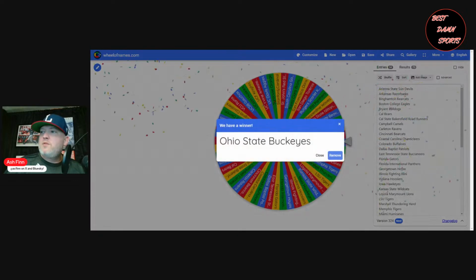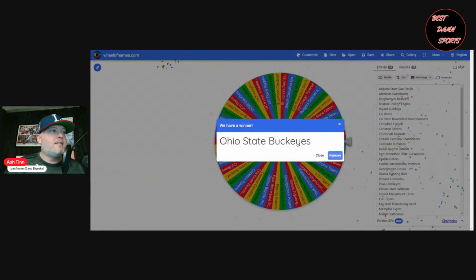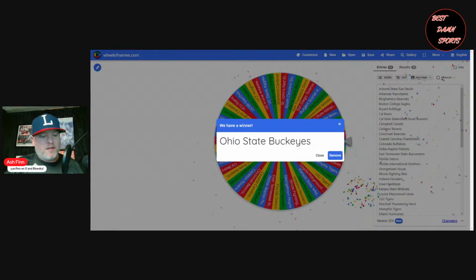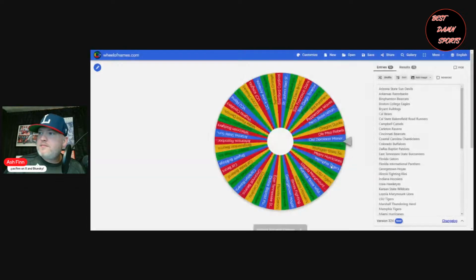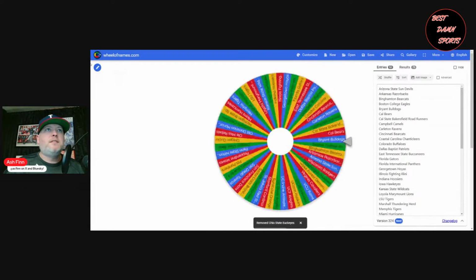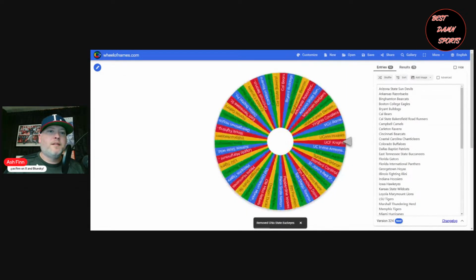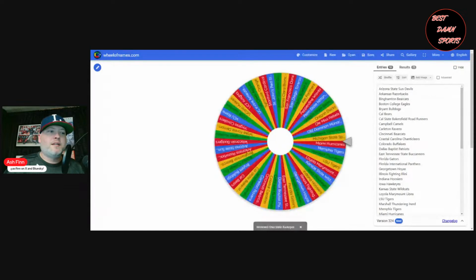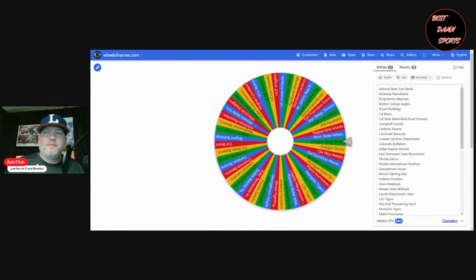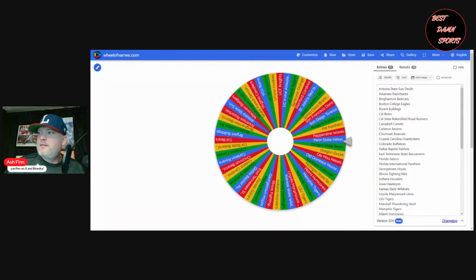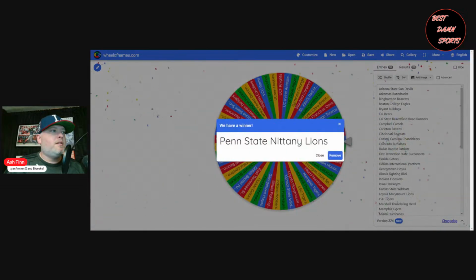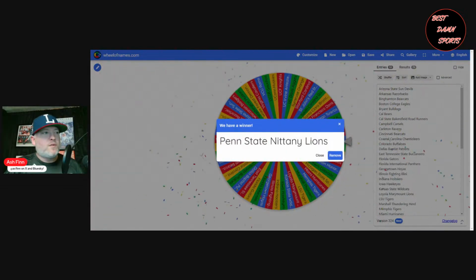Next up will be the Ohio State Buckeyes out of the Big East, or excuse me, Big Ten. Remove them and get it spun again. Penn State looks like they are going to be drafting in the number 8 position for the Big Ten Conference.